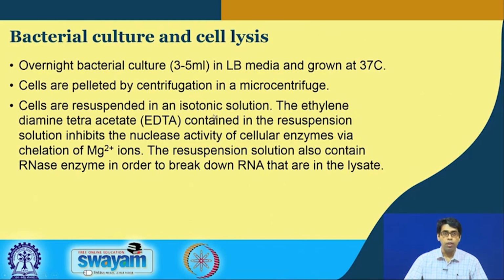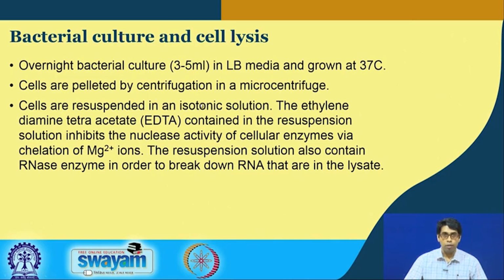Isotonic solution means that if you have two different solutions, they will be called isotonic if the ionic strength of these two solutions is exactly the same. So, if these two solutions are across a semi permeable membrane, then you will not get much osmosis from one side to the other side.